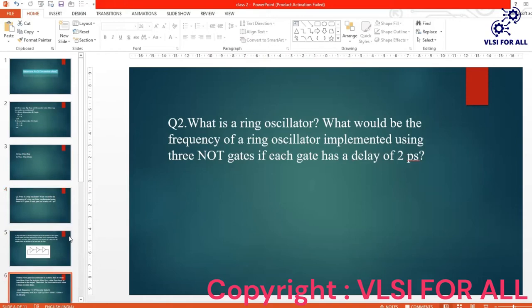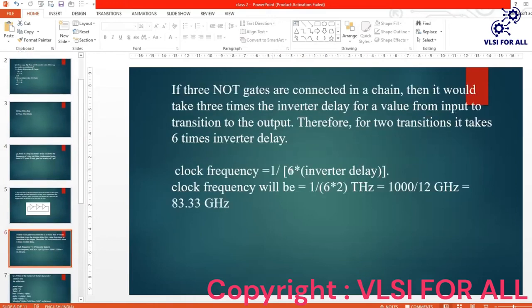The formula is 1 by time period, right? We have 3 inverters, and the delay is 2, so the time period is 6 times the inverter delay, that is 6 into 2.